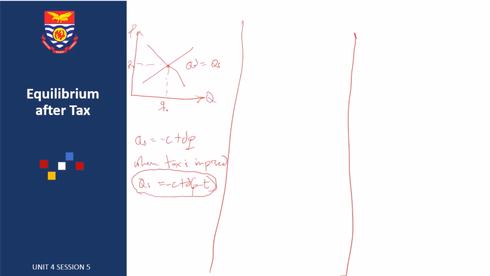But we are going to keep the normal demand equation, which we know is QD equals A minus BP.